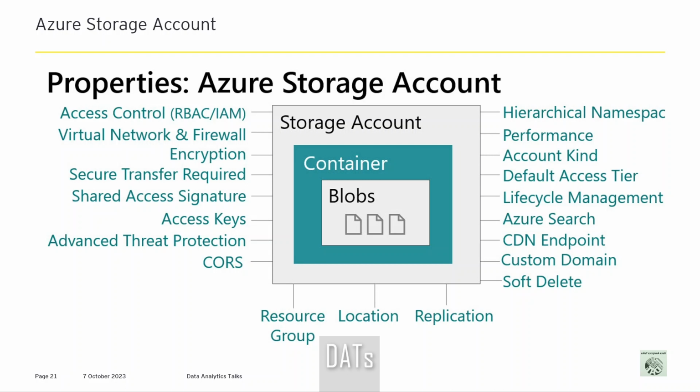And it is created within a resource group and location, and it supports local replication and geo replication. It has a hierarchical namespace, which supports Data Lake Gen 2. We will cover that later. Then better performance, that has account kind, default access tier, lifecycle management, Azure Search, CDN endpoint, custom domain, and it also has soft delete. So these are some of the Azure Storage account properties. We will see that in detail in some of the coming sessions.